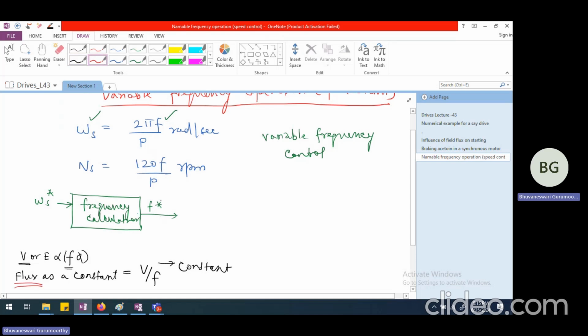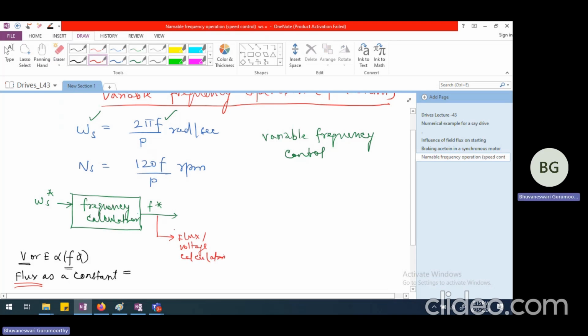So what we are going to do is flux or voltage calculation. So I'm going to calculate the voltage based on flux calculation.